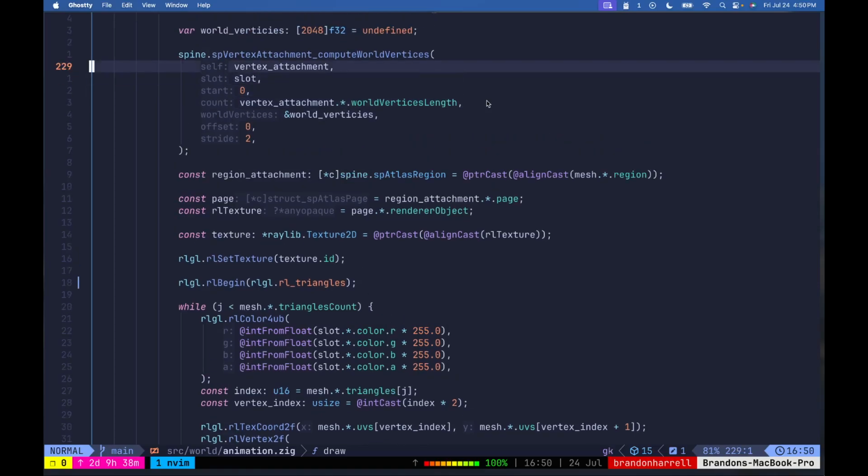This is the only GPU specific stuff I have. Raylib abstracts away some of the GPU low level calls, but when I am combining this with Spine, I'm only using a C library. There is no abstraction for me to use, so I have no choice but to make this call.